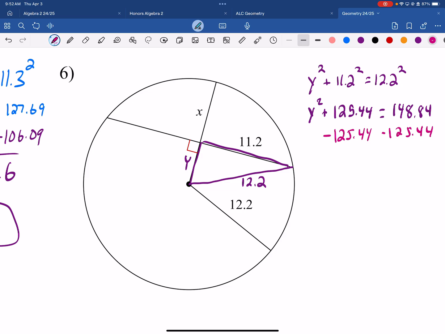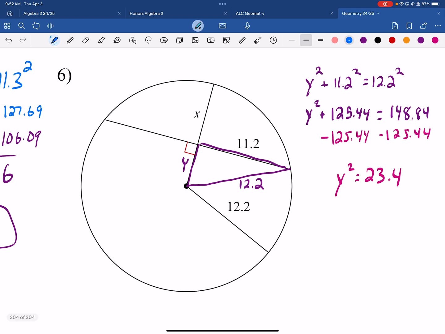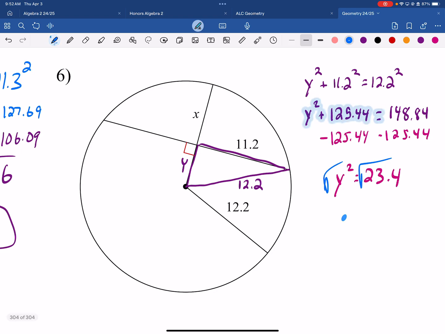That leaves me with 23.4. Take the square root. Somewhere over 4. Square root of 23.4 is 4.8.